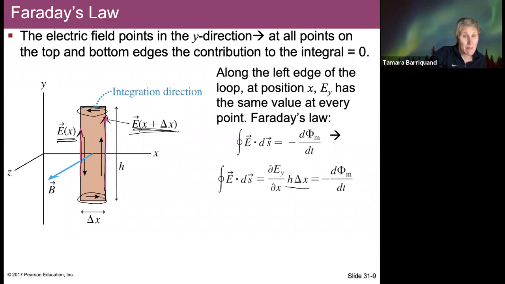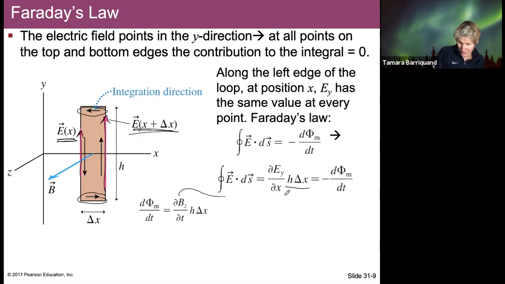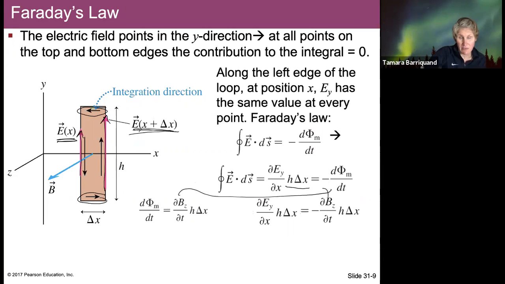Now we remember that we had found on the last page that dΦ_m/dt is equal to dB_z/dt times h Δx. So I can put this in right here, and I can rewrite this as dE_y/dx h Δx equals negative dB_z/dt h Δx.